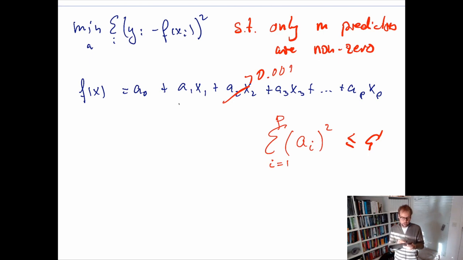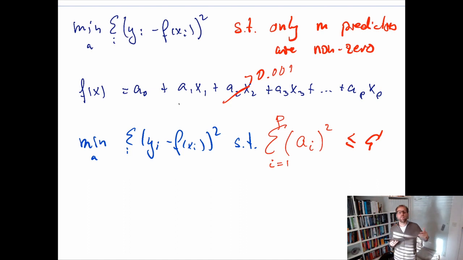So I'm looking at the optimization problem where I want to minimize my loss function, sum over i of (yi minus f of xi) squared, subject to the condition that the sum over all the coefficients I'm optimizing over is less or equal to some constant or some budget, you might call it.